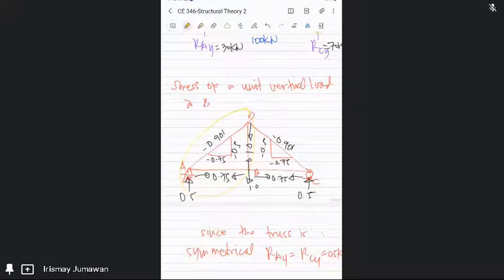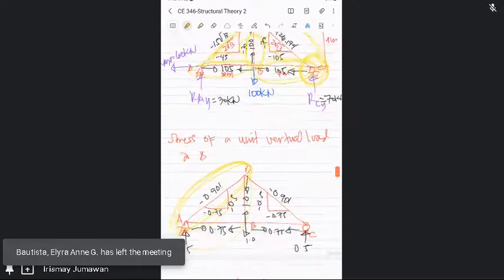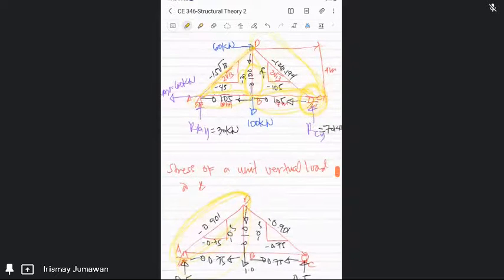So sa joint A, makita nimo, you have the X and Y component of your member AD. Your y is 0.5. So 0.5 diri sa y component sa member AD.